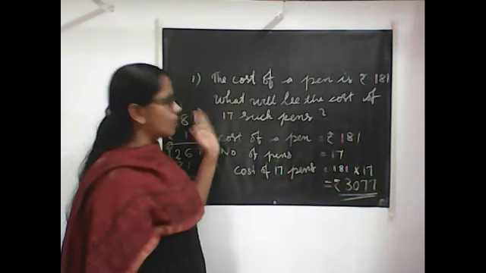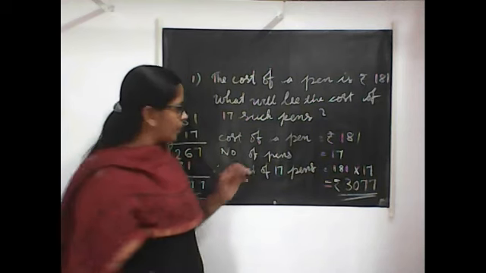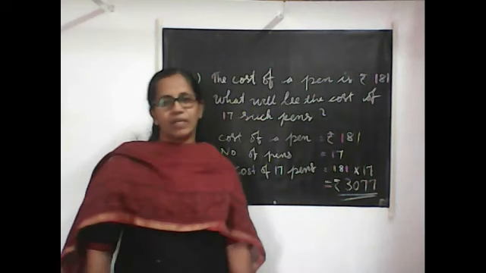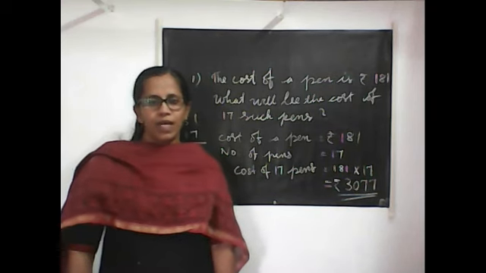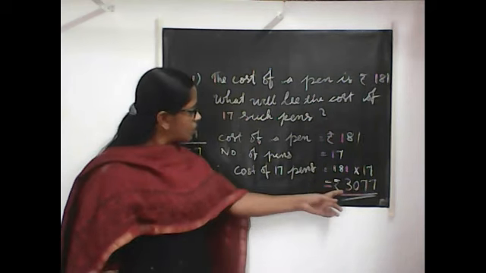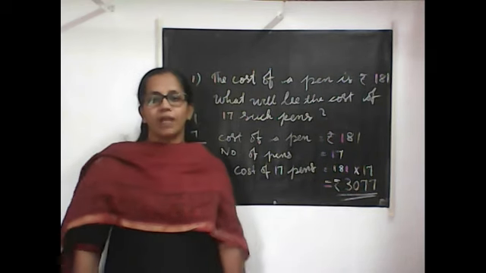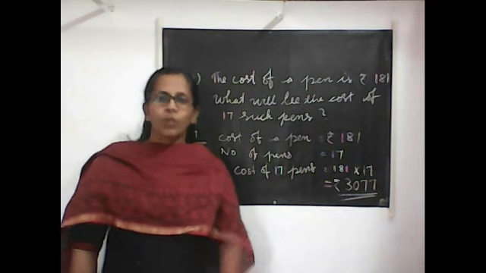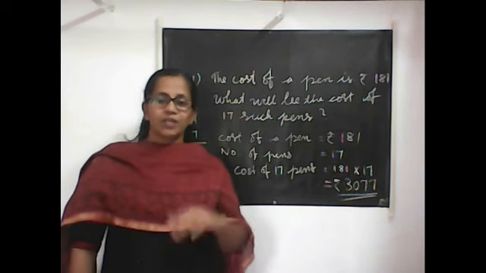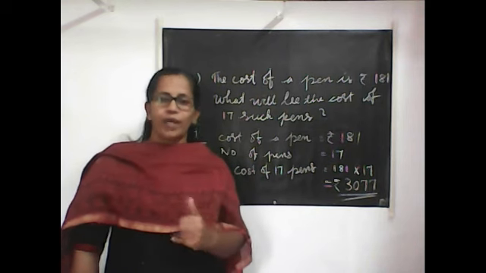If it is a division question, they will give you: cost of 17 pens is rupees 3077. Find the cost of one pen.